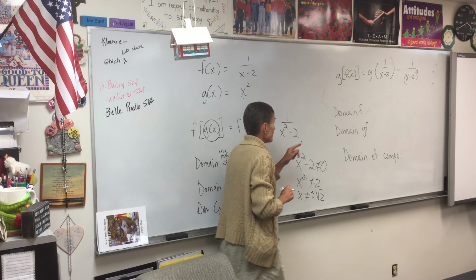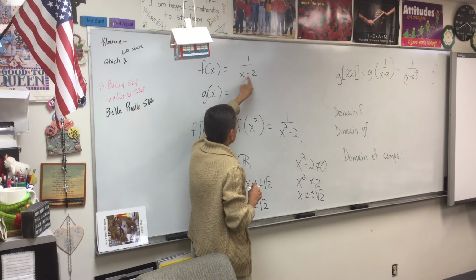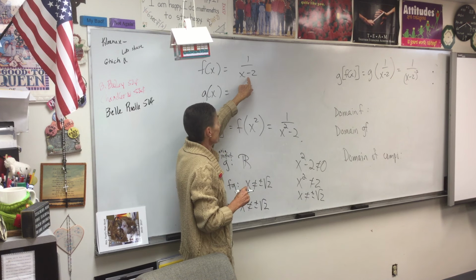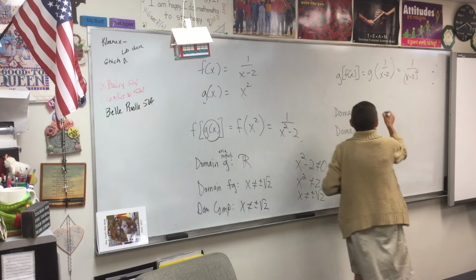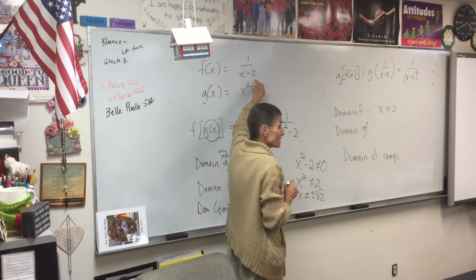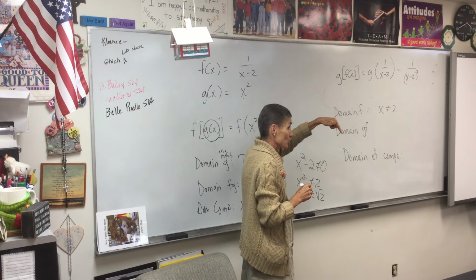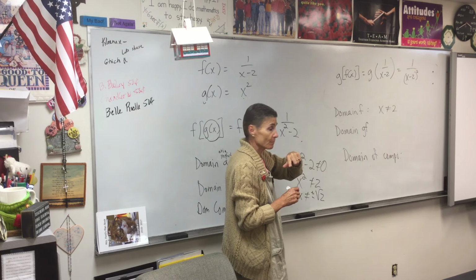What's the domain of the input function? That would be f. Here's f. What's the domain of f? X cannot equal 2. So everything except 2 would be absolutely fine in this function. It has a fraction. Denominators can't be 0. So x can't be 2.